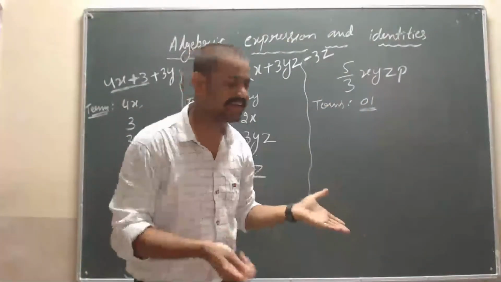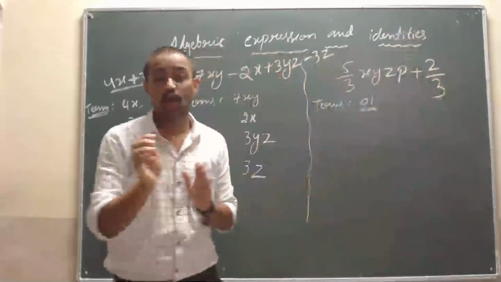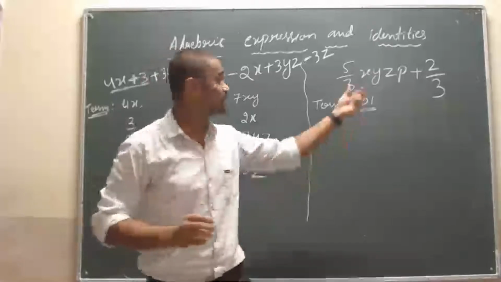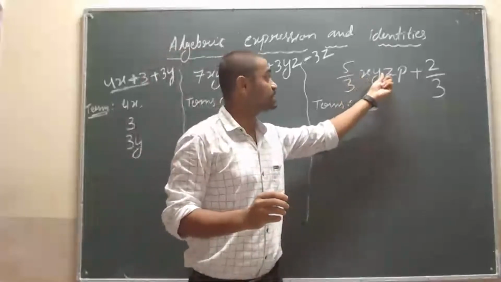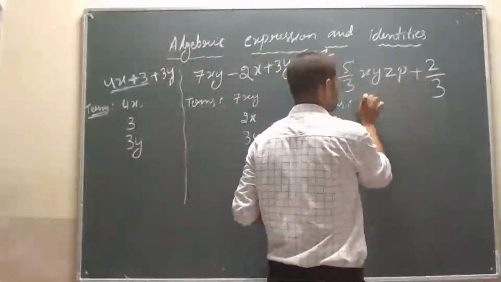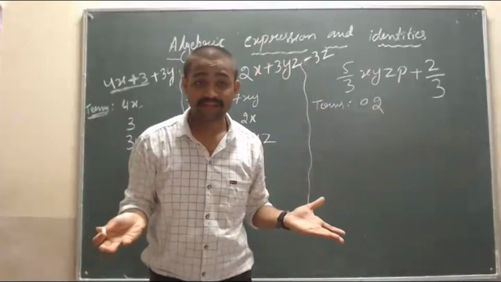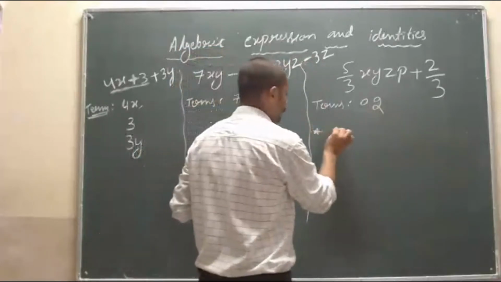Sir, 1 here. Then again plus 2 by 3. Sir, 2 terms. Why? 5 by 3 xy is one and this one is the other. So how many terms are here? 2. Is it okay?